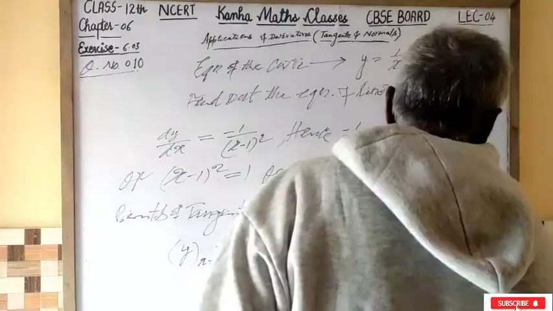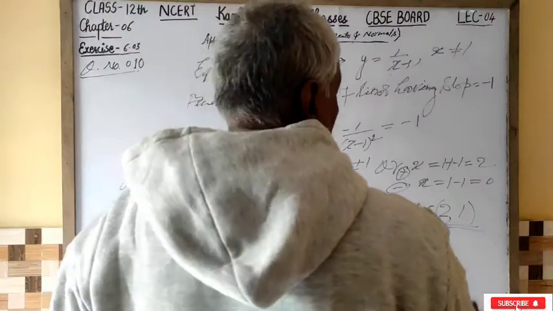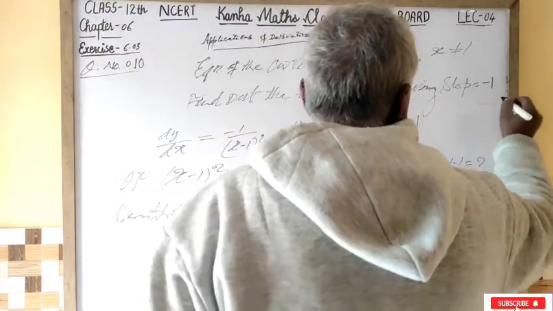Hence ultimately we will find the equation of lines passing through this point and this point having the slope minus 1.